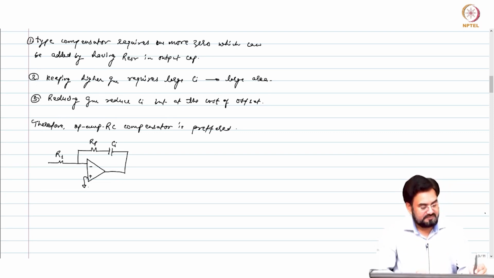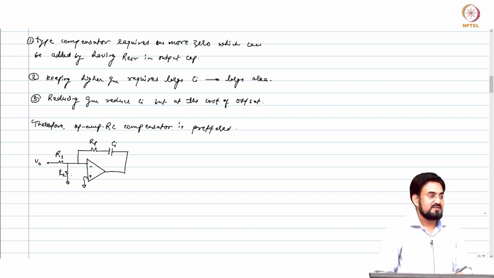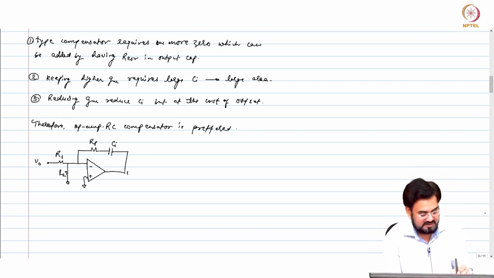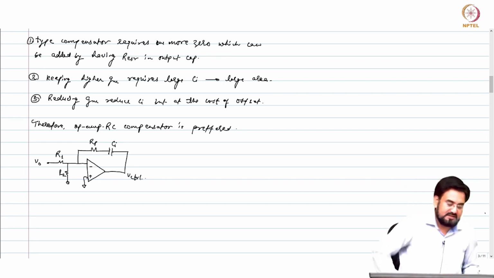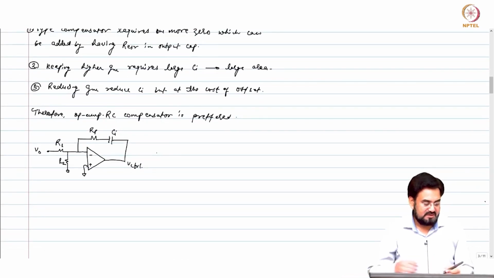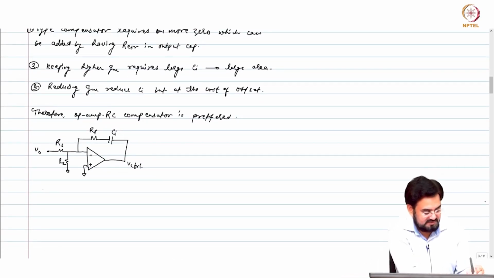And if you remember, this was nothing but your feedback resistor. So from V out to your output, or this is V control, which is the output of your compensator, the transfer function remains same.